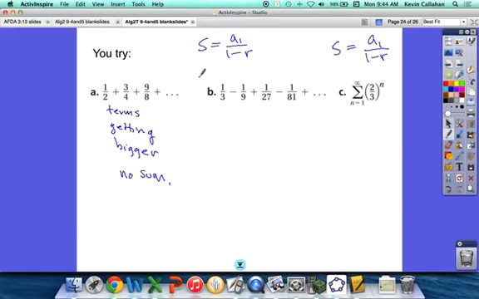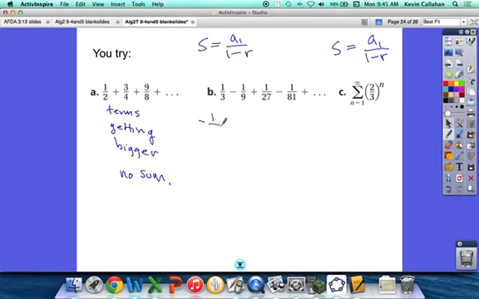What is that telling you? If the terms are alternating signs, what does that tell you about the value of R? It's negative, right? So what is the R in this one?